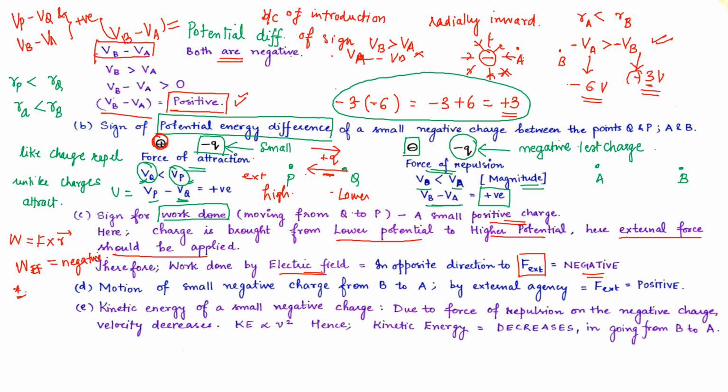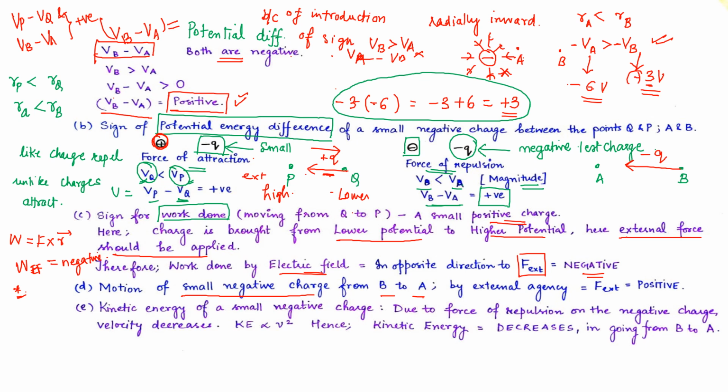Okay. Now D subset, motion of a small negative charge from B to A. From here to here we are moving. And what sort of charge are we having? We are having a negative charge.